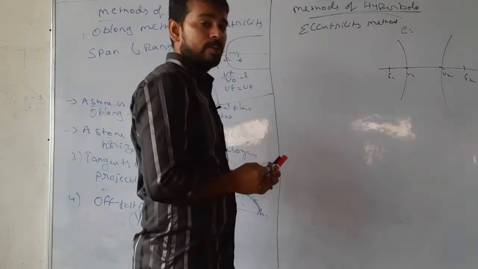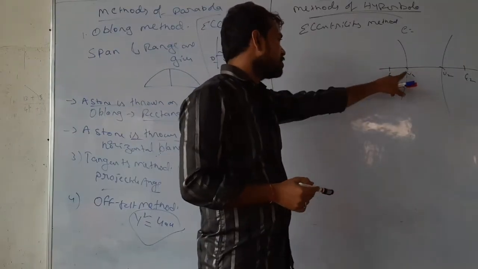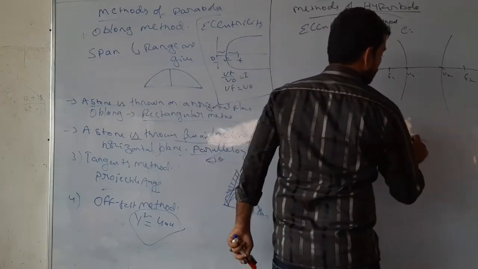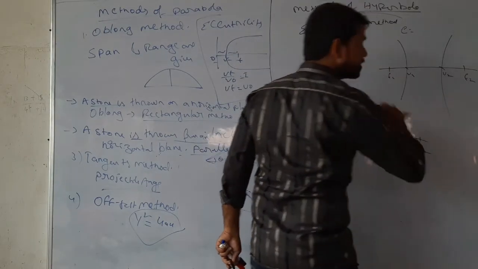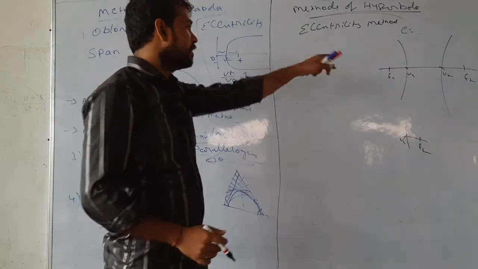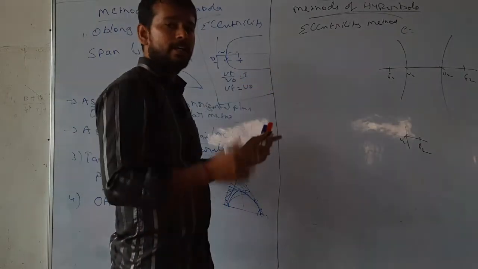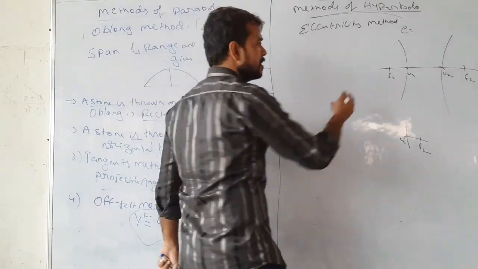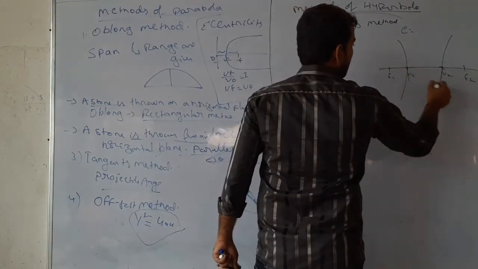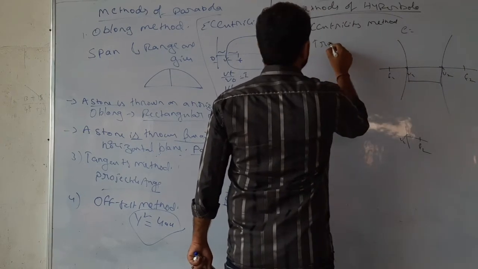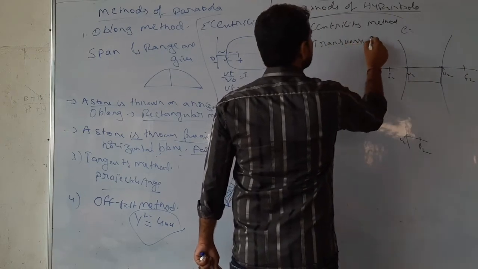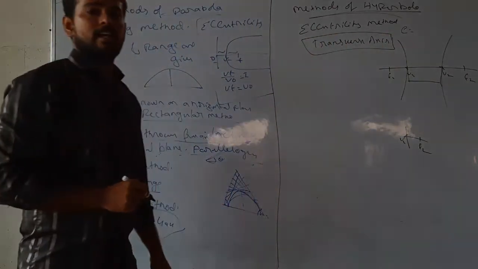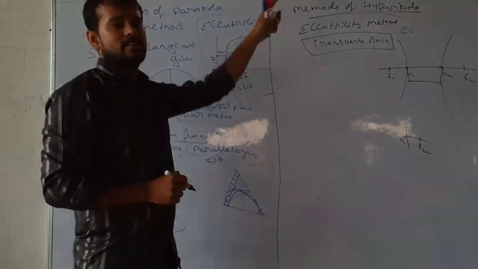We already came across why this F1 crosses this V1: for the ellipse and parabola, F1 is on the right side of the vertices, but here it is outside. Why it came outside, I already told you. So this is the eccentricity method. In the eccentricity method, how you draw is the same. When the transverse axis is given, you have to draw by the eccentricity method.